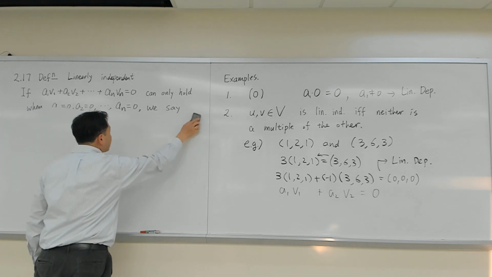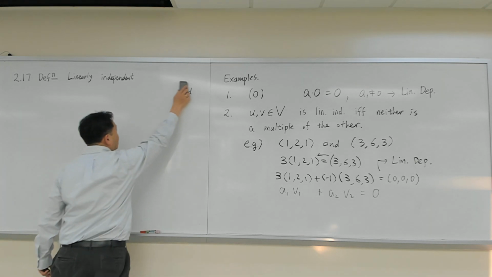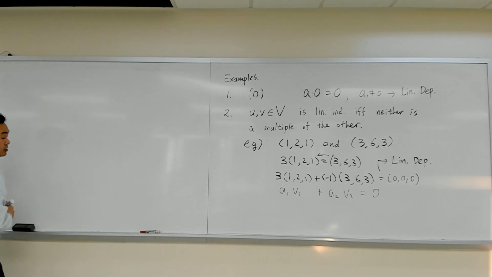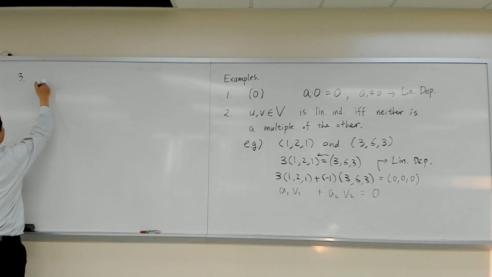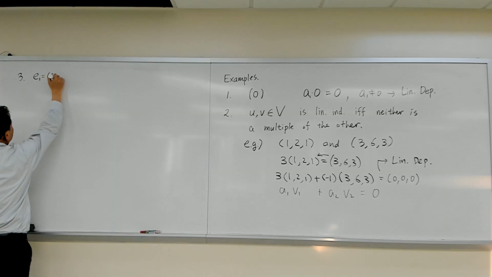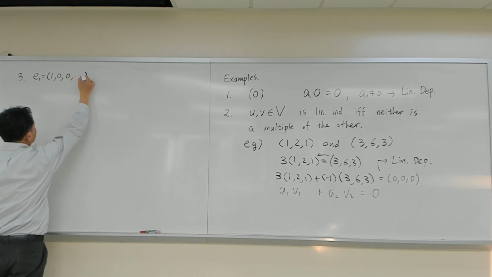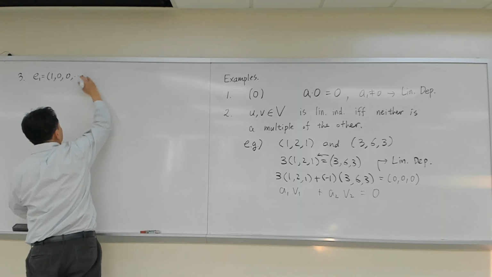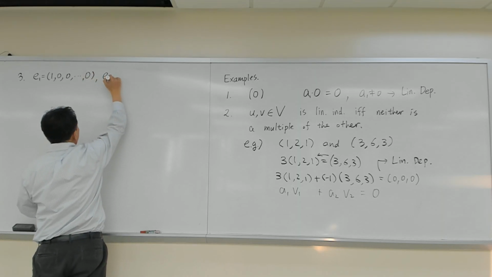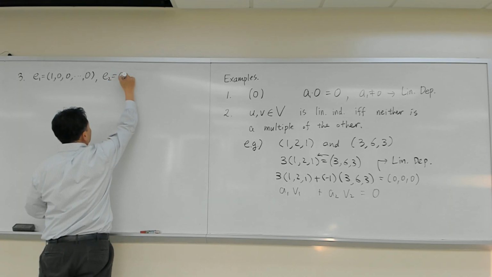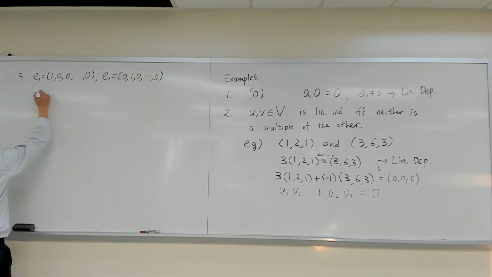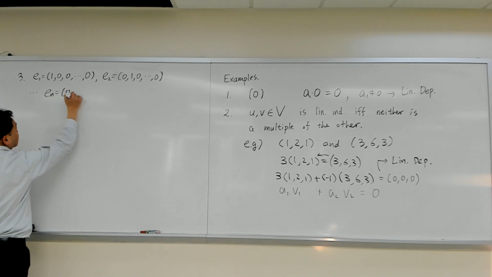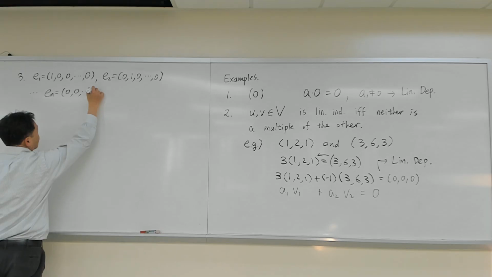Now later on, we are going to talk about basis. So we need to talk about the standard basis in Rn. So e1 equals (1, 0, 0, ..., 0), e2 equals (0, 1, 0, ..., 0), ..., en equals (0, 0, ..., 0, 1).